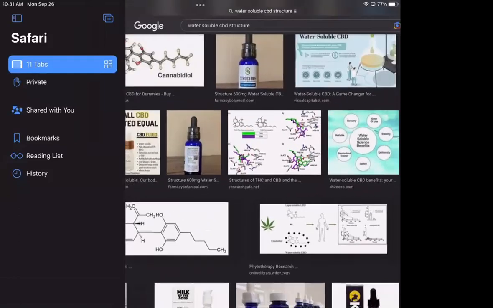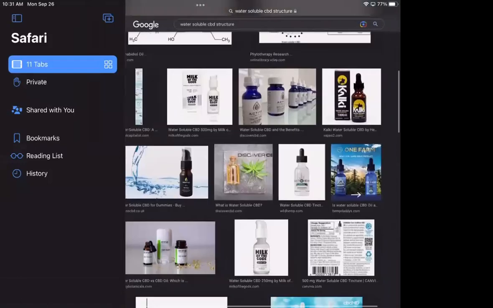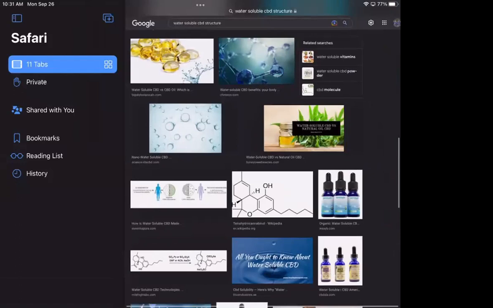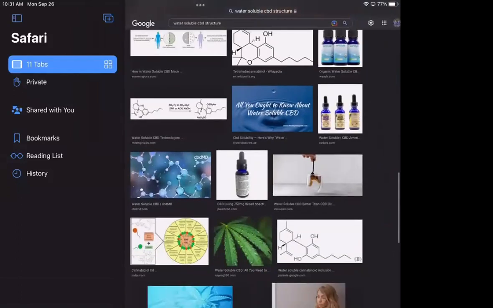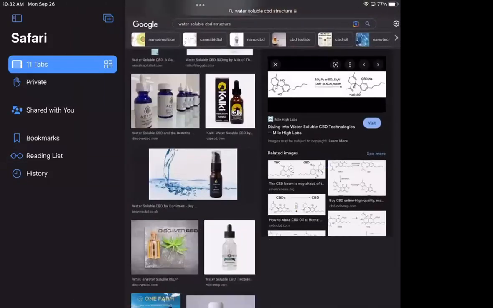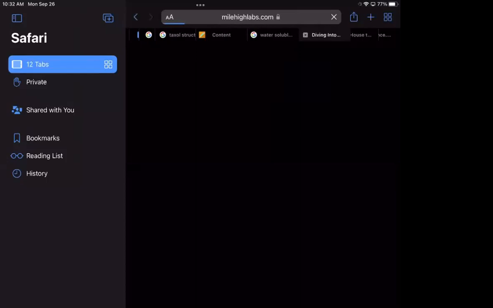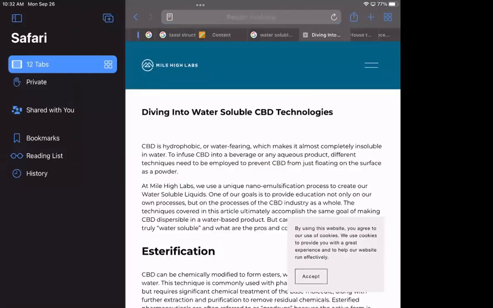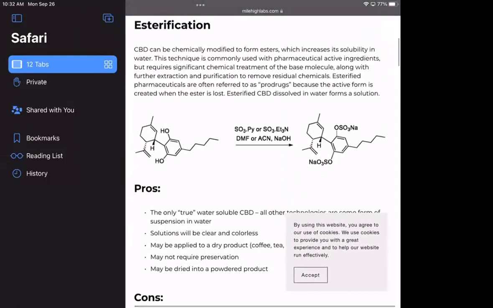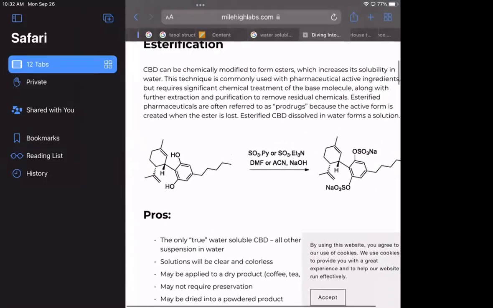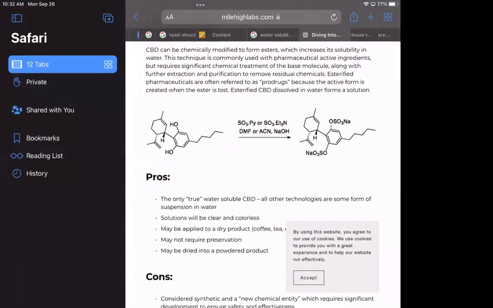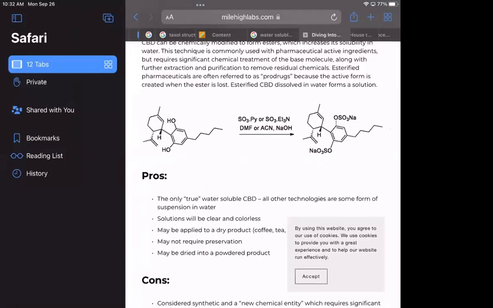Or maybe it's a different CBD altogether. They probably don't have it characterized. That sucks. This is what I'm looking for right here. So again, let me screenshot this and import it, if y'all don't mind.